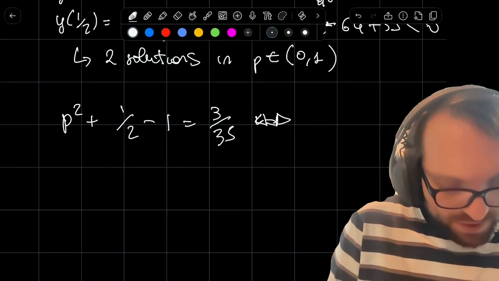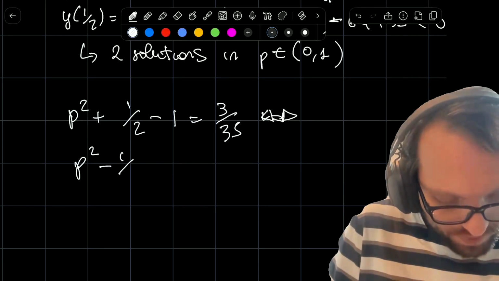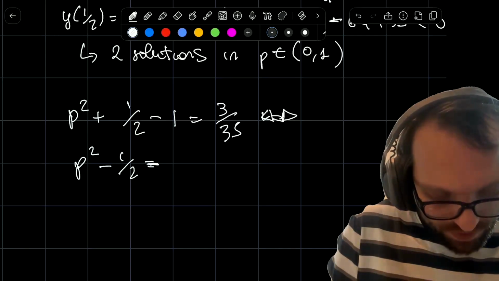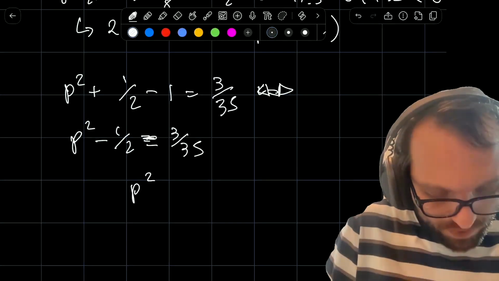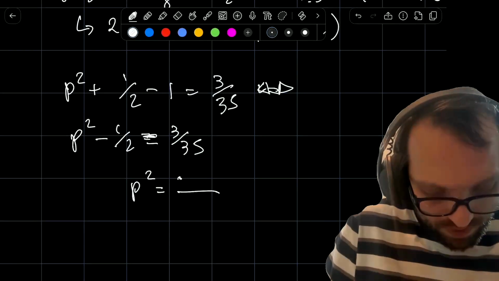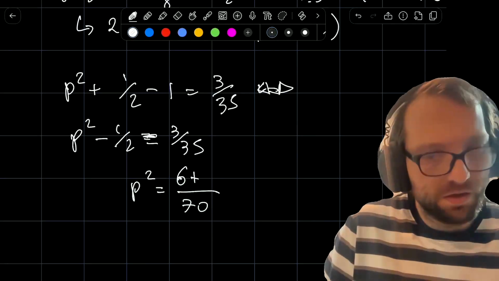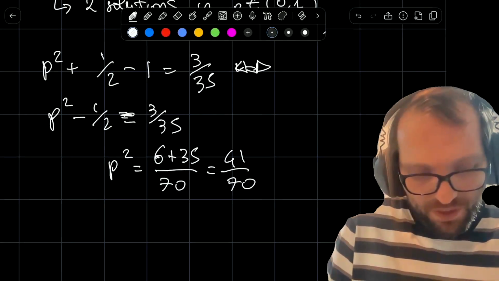In this case, this is going to be p squared minus half equal 3 divided by 35. So p squared is 41 divided by 70.